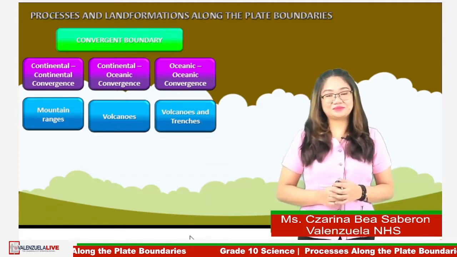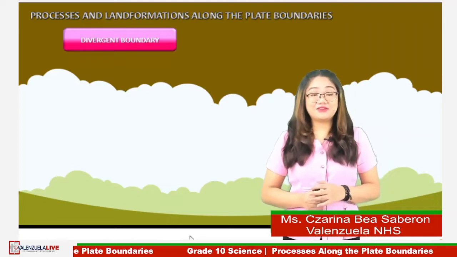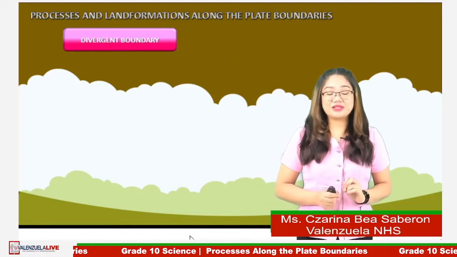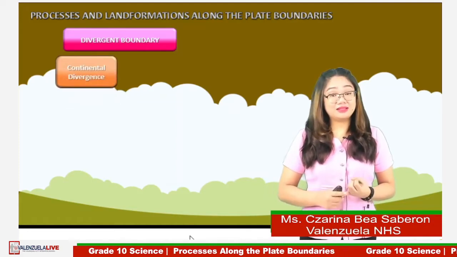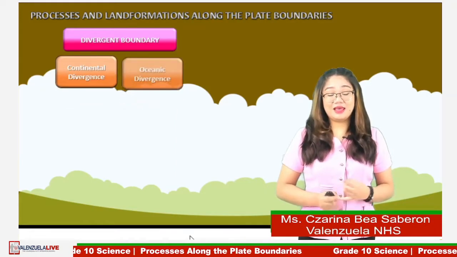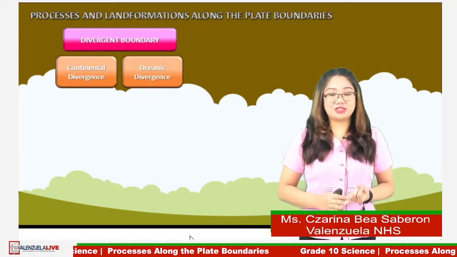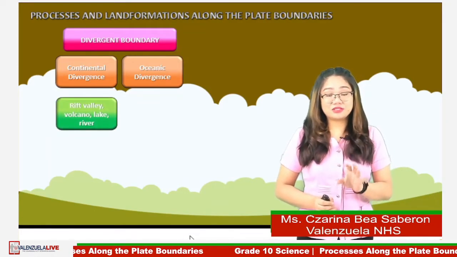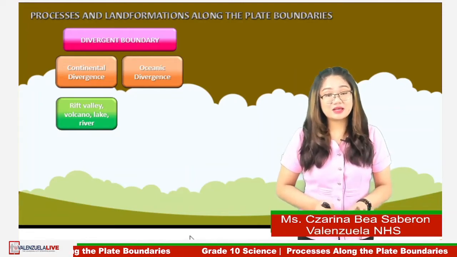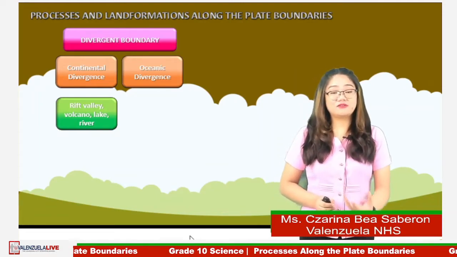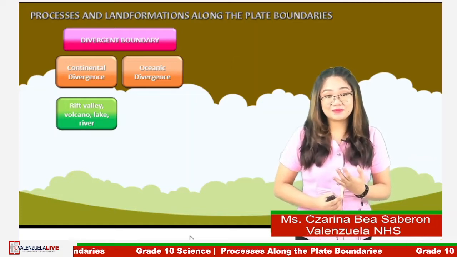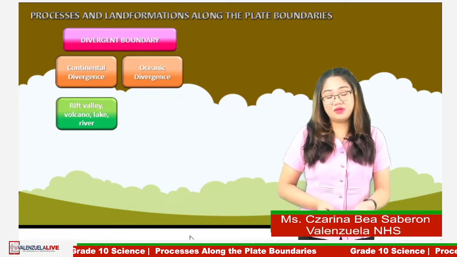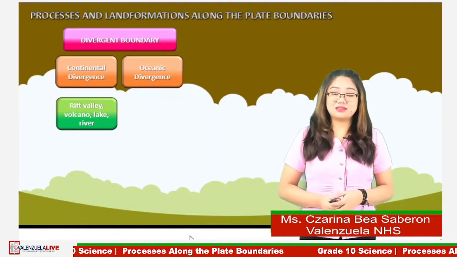Next, under divergent boundary, we have two different types. These are the continental divergence and the oceanic divergence, wherein under divergence of continents, it could form rift valleys, volcanoes, lakes, rivers, and even ocean basins.